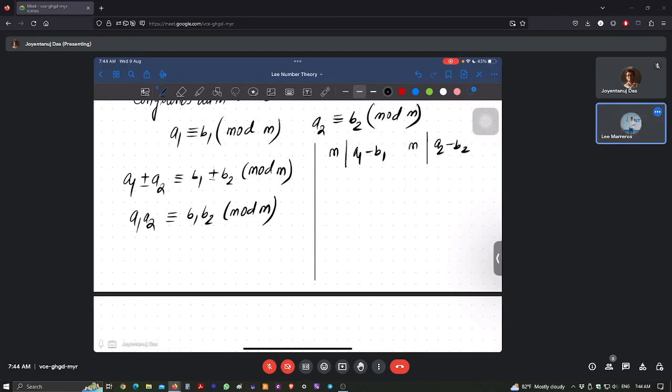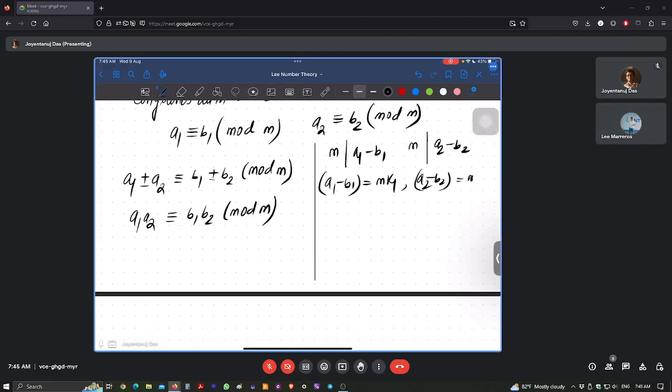So A1 minus B1 equals some M K1, and A2 minus B2 equals some M K2. Then if I add them, that is M times (K1 plus K2).